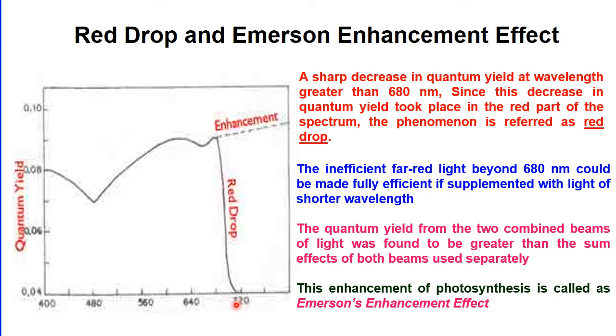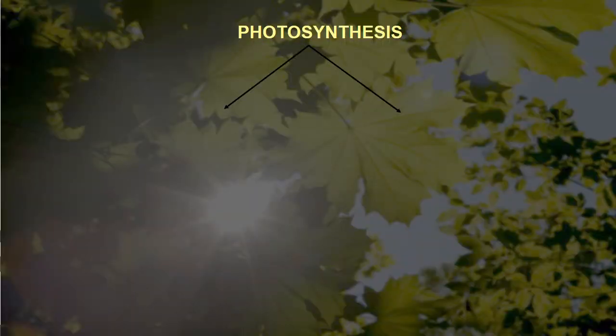The quantum yield from two combined beams of light was found to be greater than the sum of the effects of both beams used separately, and this enhancement of photosynthesis is called the Emerson enhancement effect. These two were given by Emerson, and this proves the presence of two photosystems in the light reaction of photosynthesis.